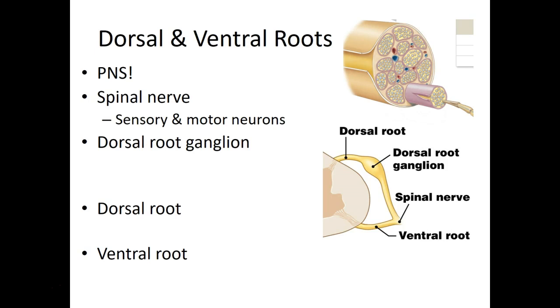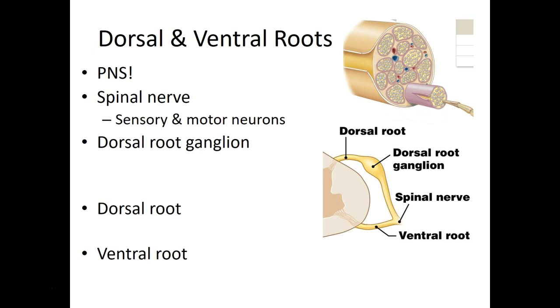Which means that we have a neuron that starts here and brings information in, and then it gets passed off. And then we also have sensory neurons that are bringing information all the way to this point to where it gets passed off. So think about way stops on the way to the central nervous system. The ganglia would be one of those where there's a transfer or relay from one neuron to the next.